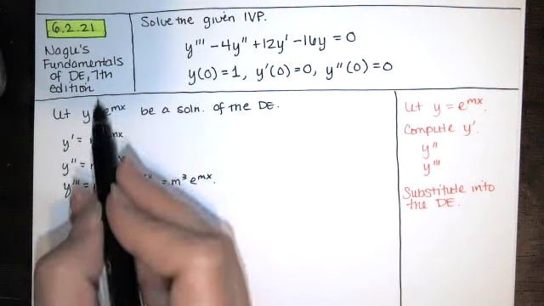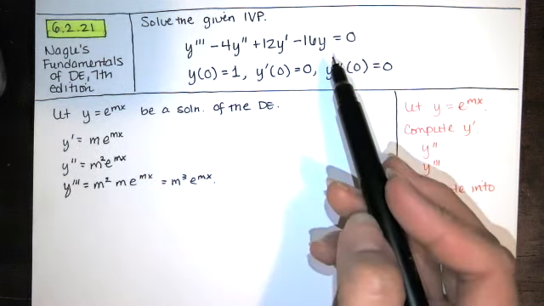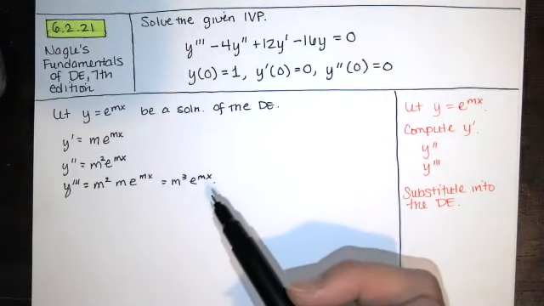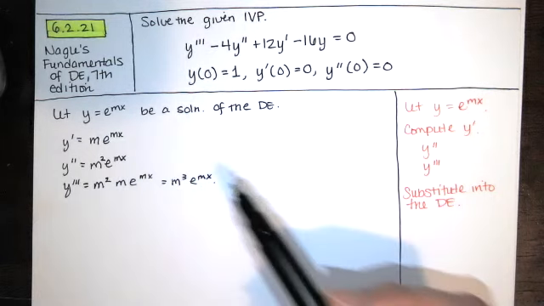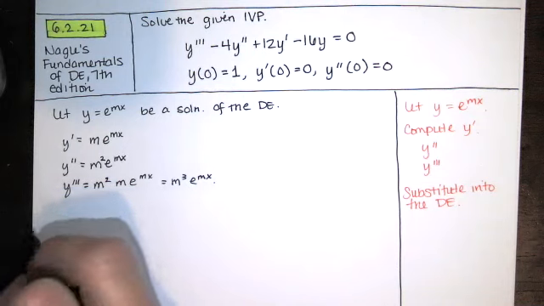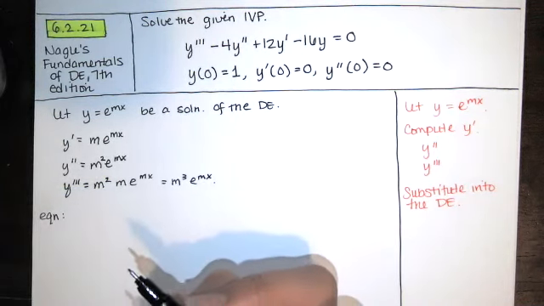Now we're assuming that this is a solution to the differential equation. So we should be able to substitute these values into the differential equation and get an expression that m and e to the mx must satisfy if this is truly a solution. So we'll substitute into the equation.